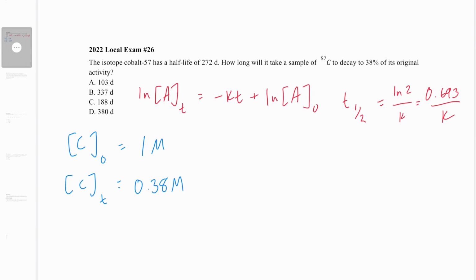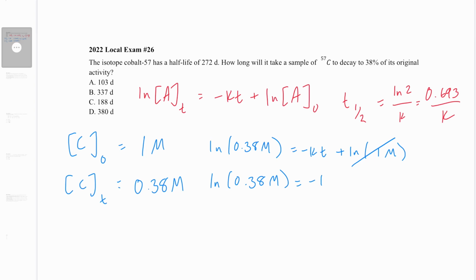All right, let's plug in what we have. So the natural log of 0.38 molar equals minus kt plus the natural log of our initial concentration, which is 1 molar. And the natural log of 1 is just 0, so we can cancel that out. We have the natural log of 0.38 molar is equal to minus kt. We're trying to solve for time, so we need to figure out what k is.